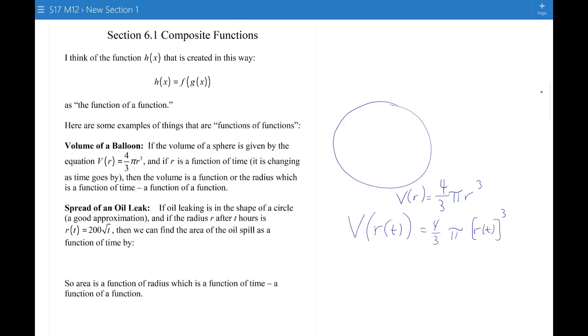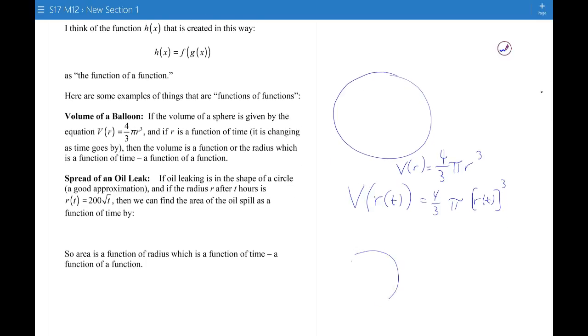So here's another one, the spread of an oil leak. If you're looking down on the oil leak, it would look like a circle, and the radius of the circle over time is going to be getting bigger and bigger. So the radius might look like 200 times the square root of t.